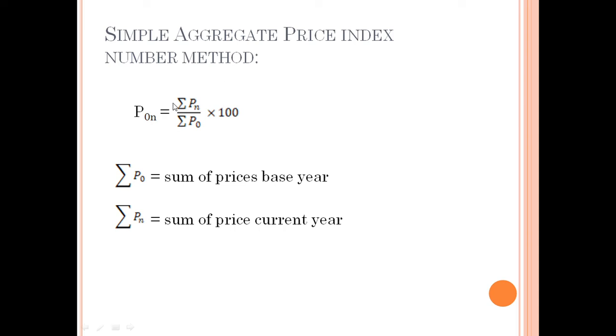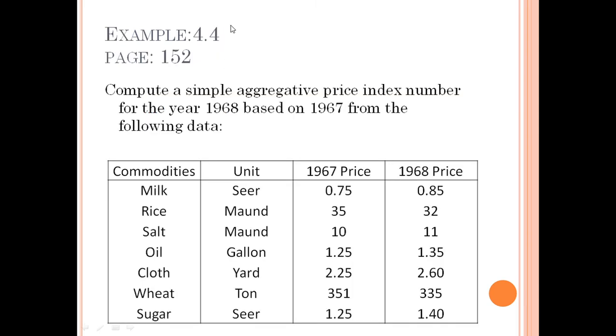We will add all the prices of the current year and divide them by the sum of all the prices of the base year, and then multiply by 100 at the end. So we will get the simple aggregate price index. Here summation P naught represents the sum of prices of the base year and summation Pn represents the sum of prices of the current year.